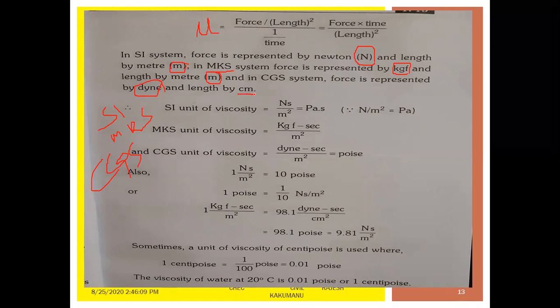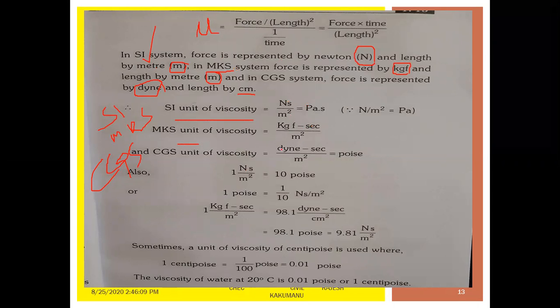సో ప్రాబ్లమ్స్ లో CGS systems లో చేయమన్నప్పుడు ఇలా చేయాలి, MKS systems లో చేయమన్నప్పుడు ఇలా చేయాలి. జనరల్ గా ఏమి ఇవ్వనప్పుడు SI systems లో చేయడం is better. Now the SI unit of viscosity is equals to Newton second by meter square, that is equals to Pa·s. Whereas in MKS units మనం ఇక్కడ రాసుకున్నాం kgf second by meter square.